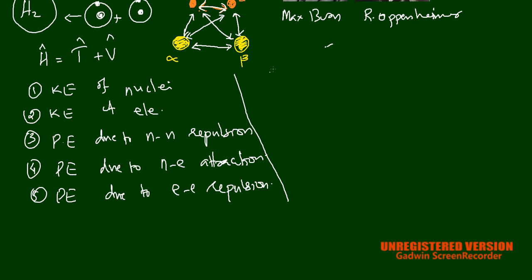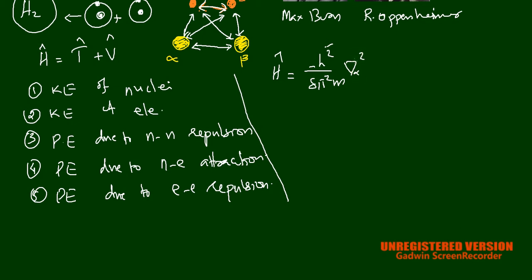So the Hamiltonian H cap in this case is equal to minus h square divided by 8 pi square m. That is the kinetic energy part. I am going to write the kinetic energy of the nucleus. Okay, so minus h square divided by 8 pi square m del alpha square.